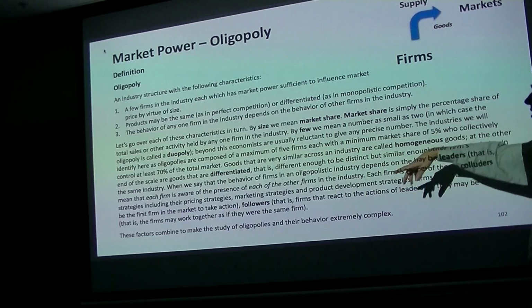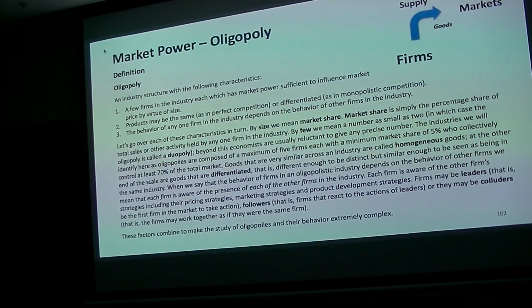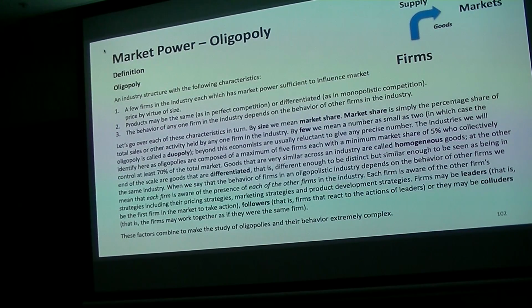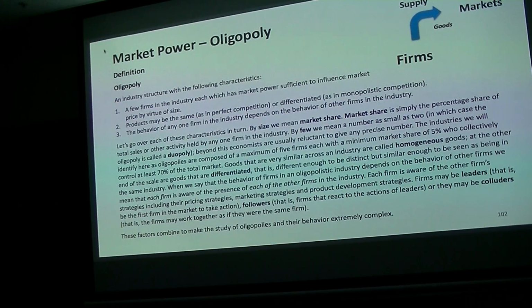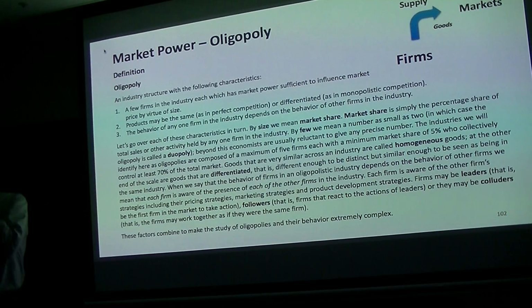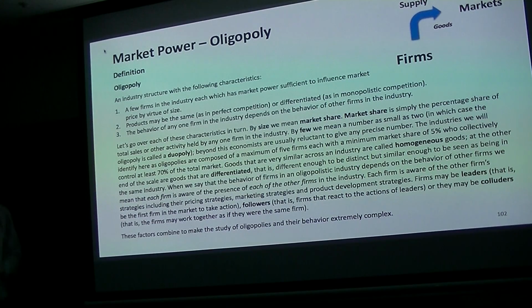And at the other end of the scale are goods that are differentiated. They're different enough to be distinct, but similar enough to be seen as being in the same industry. Say cosmetics may be an example. Pharmaceuticals may be an example. You can tell they're all cosmetics, that we may use cosmetics to enhance our appearance, but they're different products that may appeal to different markets.